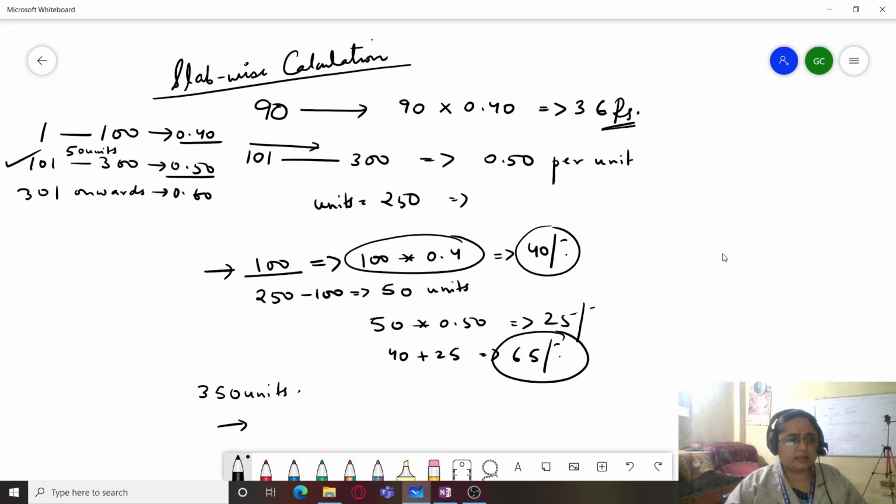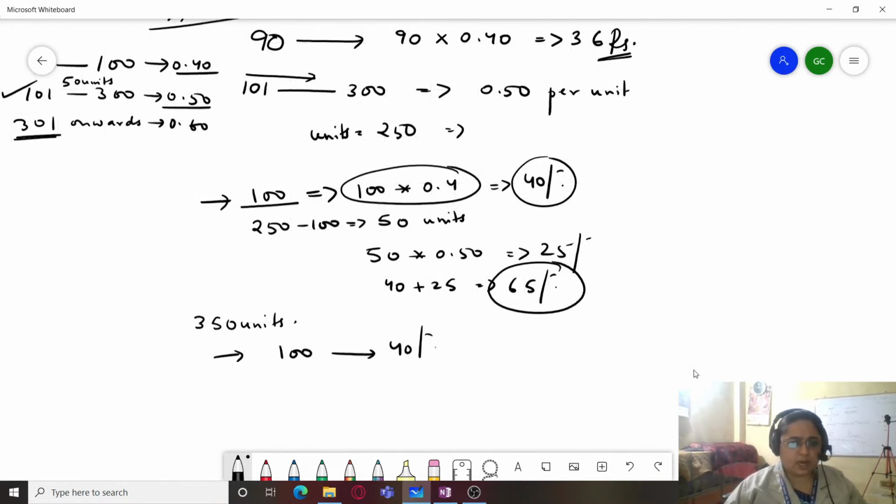Firstly, we will be checking which slab it falls into, and we find that it falls within the third slab because it is greater than 300. So we start with slab 1, first 100 units. For that you have to pay 40 rupees. Then the next 200 units.